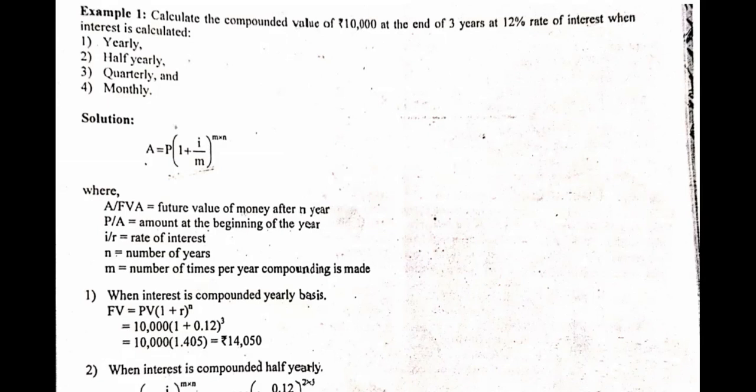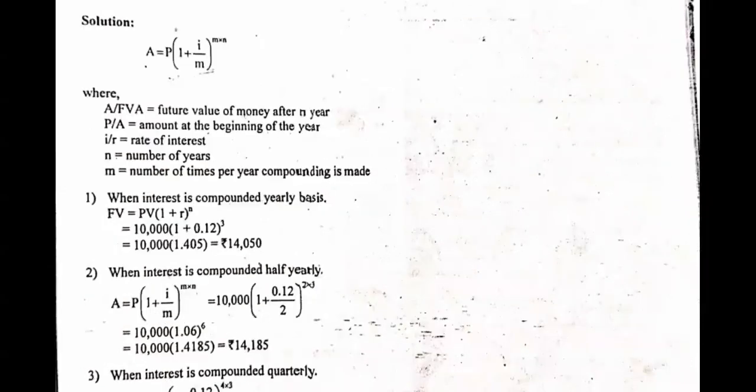But if the interest is compounded half yearly, twice a year, we will use this formula now. A equal to P into bracket 1 plus I divided by m raised to bracket m into n, where 10,000 is P, the present value, into bracket 1 plus rate of interest 0.12 divided by 2.